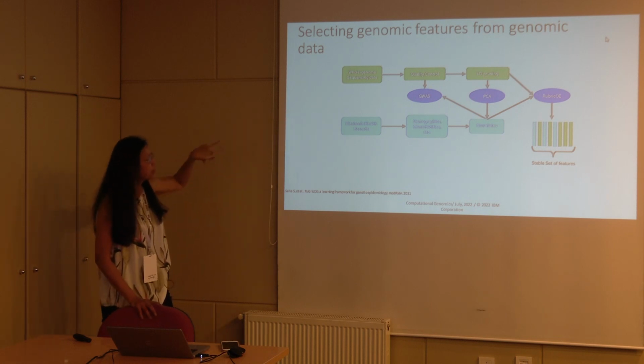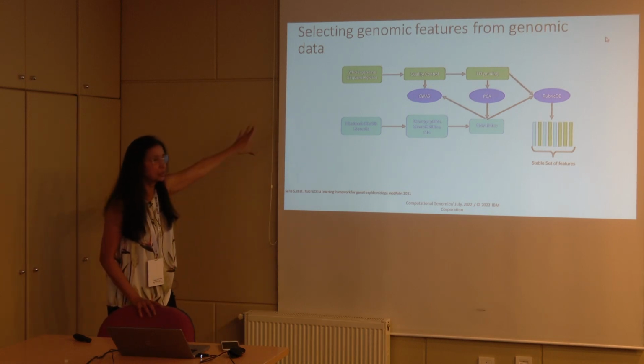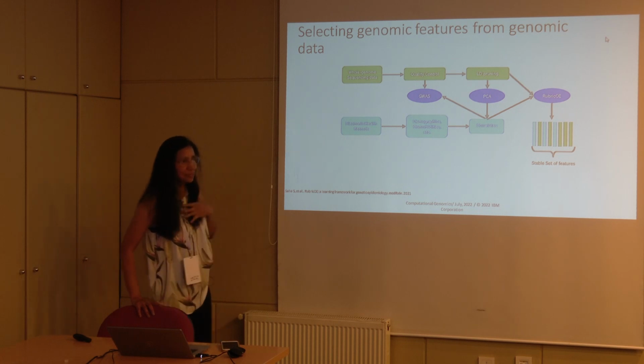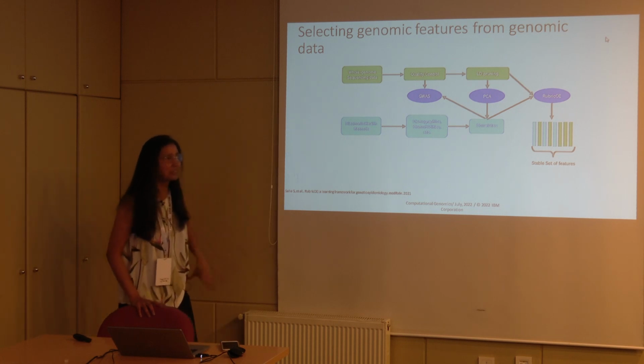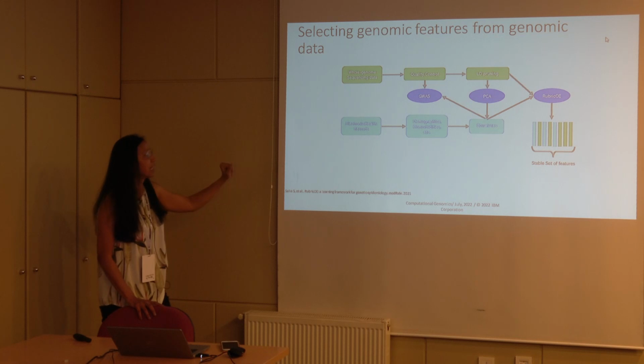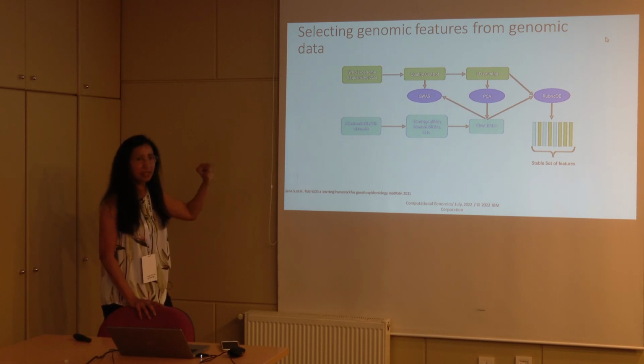Another thing about this work, which is not part of this work, but I took the poetic license I get as a speaker of inserting some other work as well. Here, severe COVID is not a phenotype in the UK Biobank data. It doesn't exist. So this is some inferencing we did.